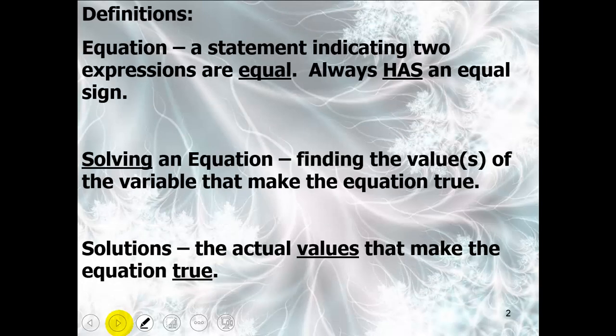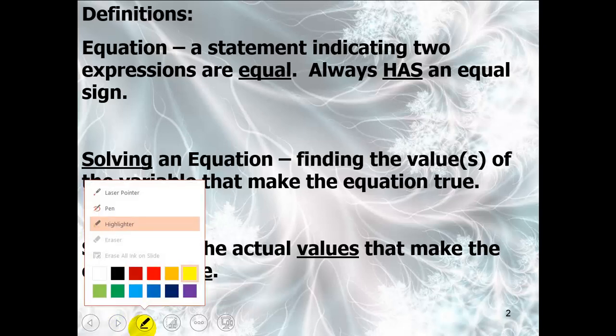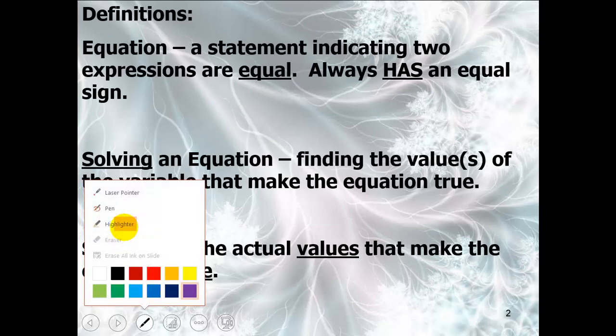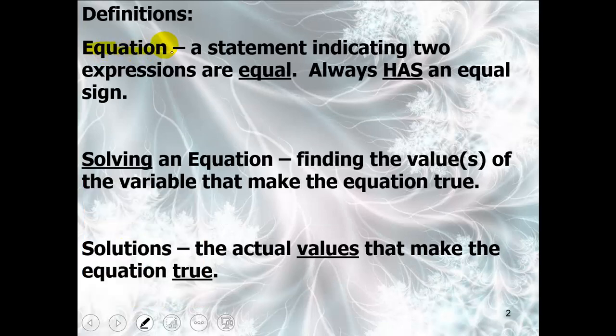Again, with some definitions, because knowing what we're talking about is very important. An equation is a statement that has an equal sign. It's a statement indicating that two expressions are equal. For it to be an equation, it must have an equal sign.